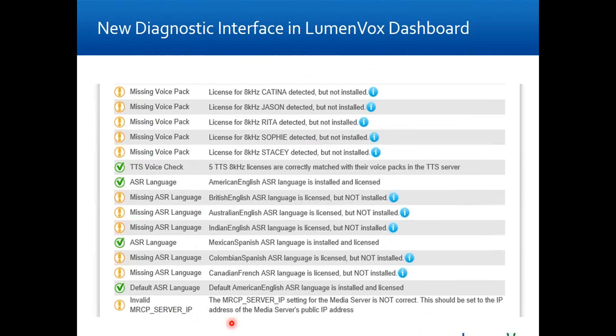That's a very common mistake we see in the real world, where somebody forgets to install the voice pack for a specific voice, even though they've licensed it, and then they might not get the results they want in TTS synthesis. You can also see the successful results of what's installed and what's licensed, and you can see an indicator over here on the left-hand side of whether this is an error, a warning, or an OK check in that case.